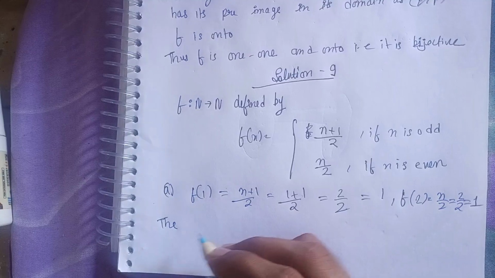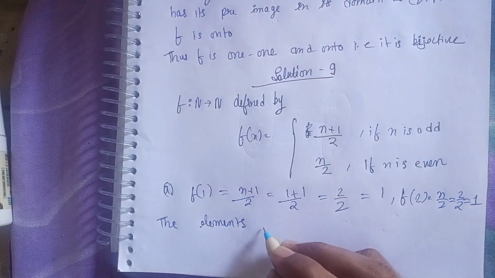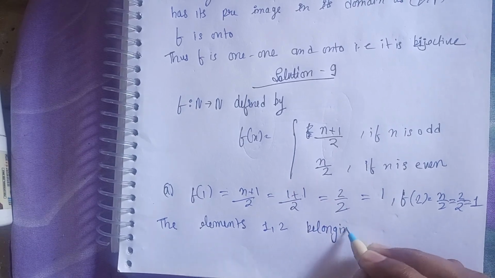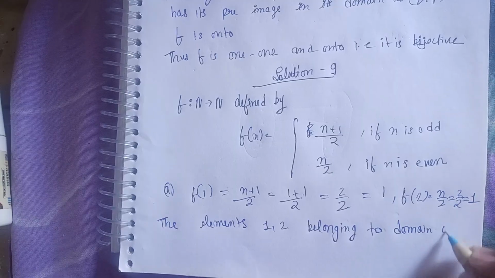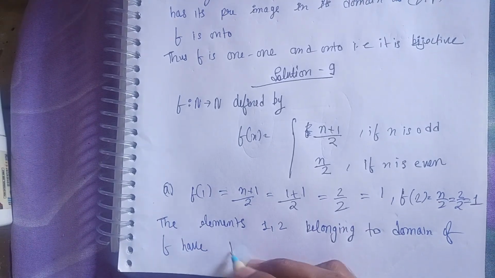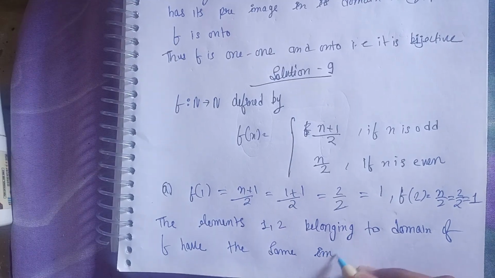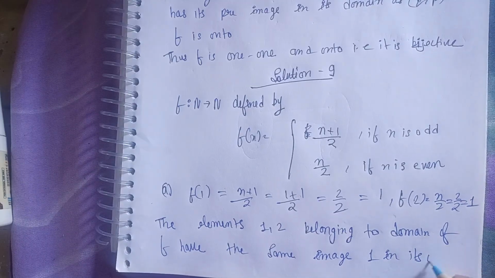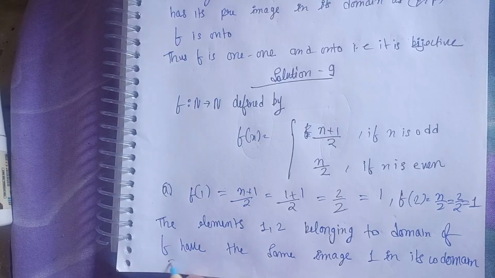The elements 1 and 2 belonging to the domain of f have the same image 1 in its codomain.